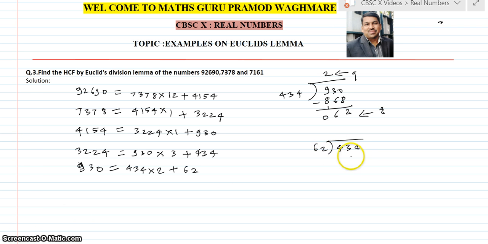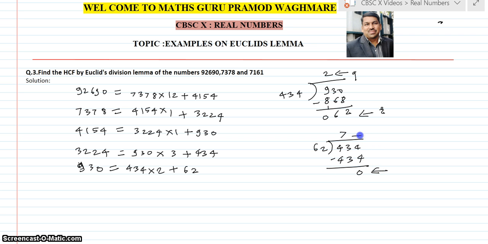If you consider first digit, 6 6s are 36, 6 7s are 42. So we can multiply by 7, and it is equal to what? It is 434. So if we subtract this, we are getting remainder 0.